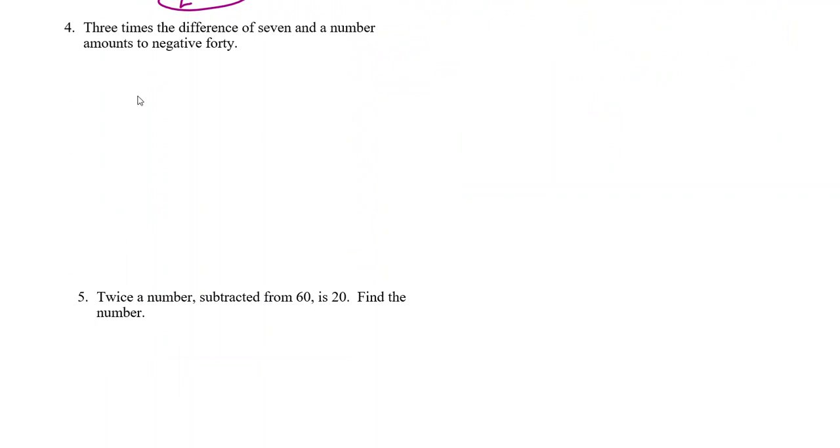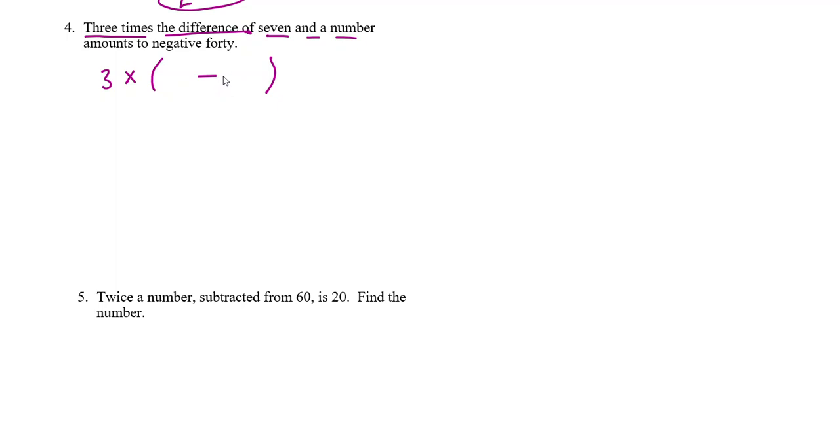There's a couple more. 3 times the difference. Okay, so 3 times, multiplication, the difference. Ooh, that's one of those secret words. The difference means subtraction. The answer to subtraction, two things being subtracted. What are the two things? Of 7 and a number.